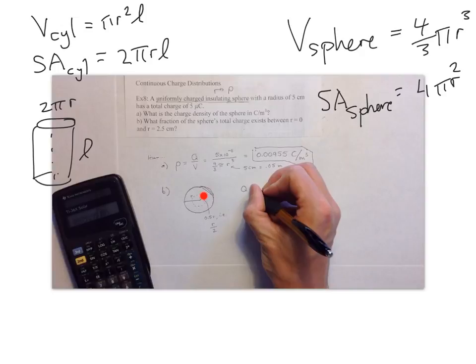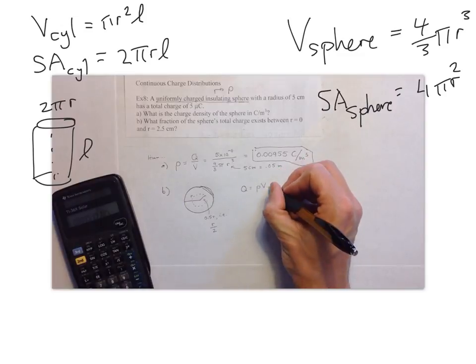So if you figure out how much charge is in here versus how much charge is in the whole thing, that fraction, we're going to call it little q, and big Q is going to represent the whole thing, and little q over big Q is going to be the fraction of charge that exists within a particular radius.